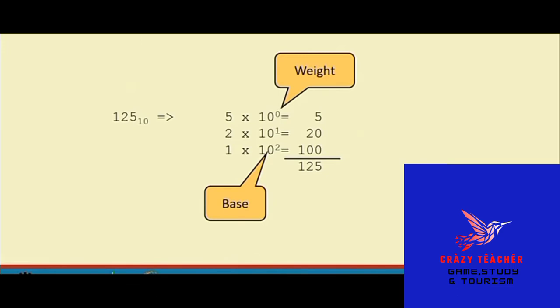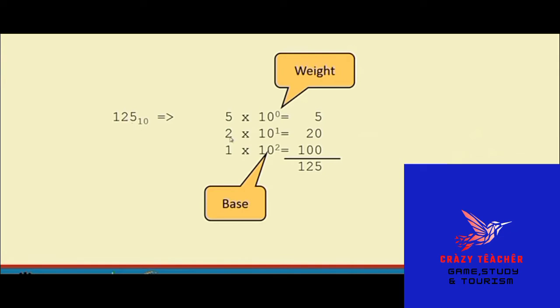In a number like 125, there are 3 digits, 1, 2 and 5, but all of them are not representing values of equal strength. The number 5 is actually representing 5 into 10 to the power of 0, that is equal to 5.